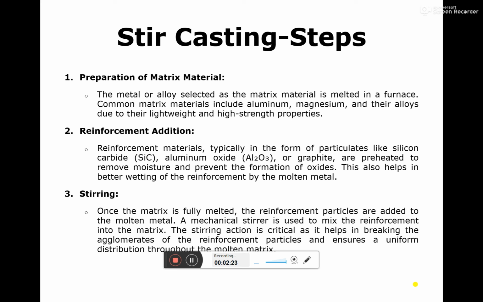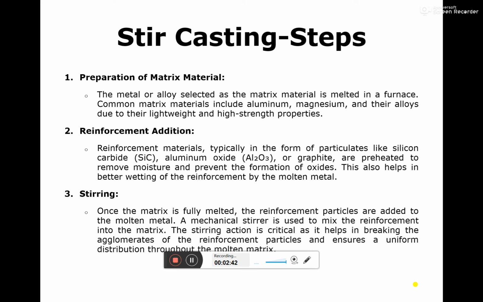We use different types of metals as the matrix. You can use aluminum, magnesium, copper, or other metals as the matrix material. Now I'm going to explain the different steps in the stir casting process.